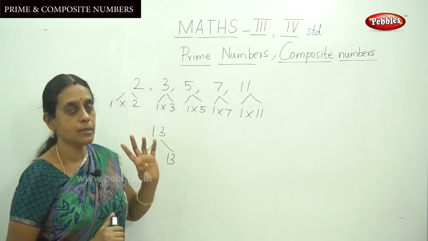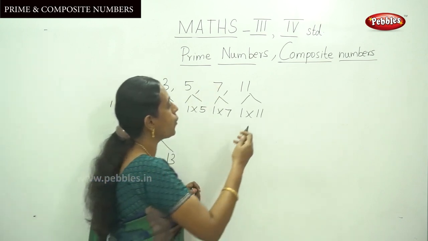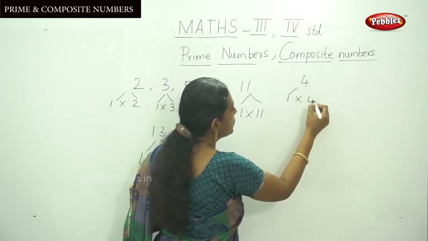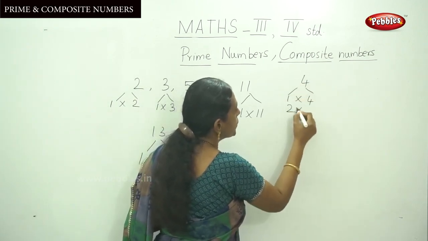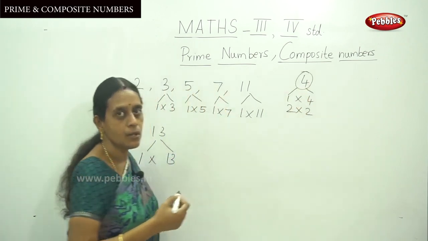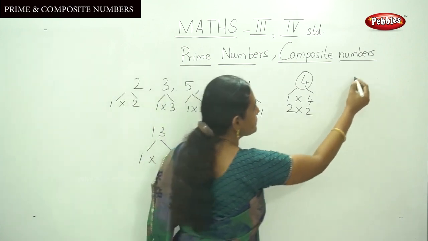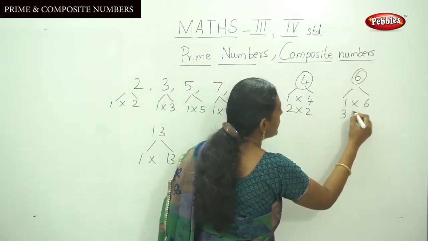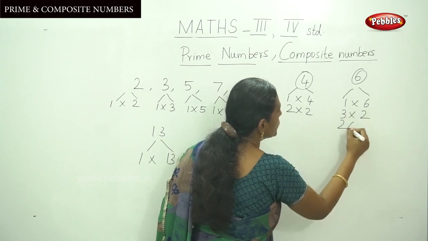But composite numbers, which we see here, are like 4. For 4, it is 1 into 4 and 2 twos are 4, so it has more factors. For 6, it is 1 sixes are 6, 3 twos are 6 and 2 threes are 6.